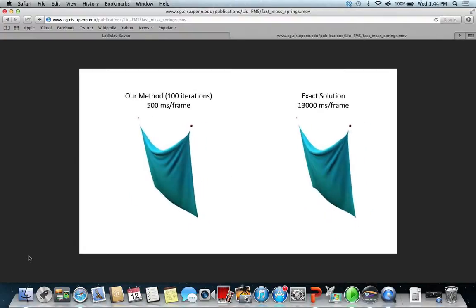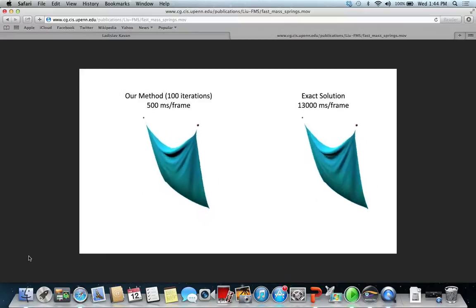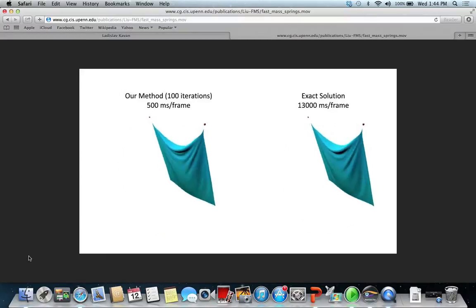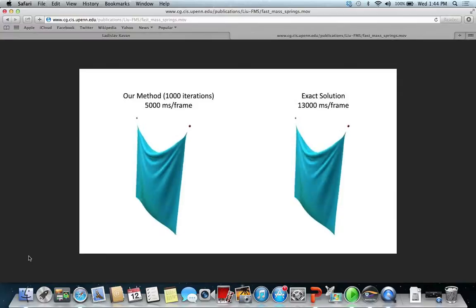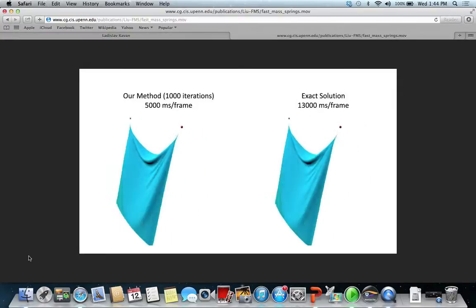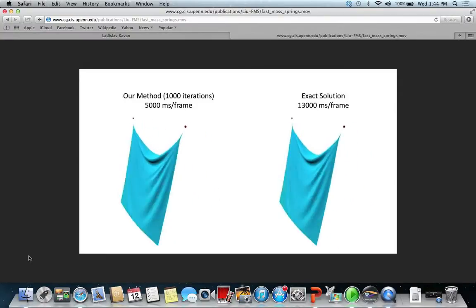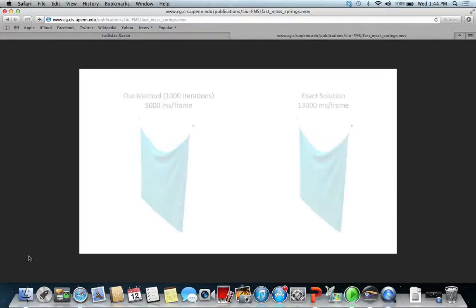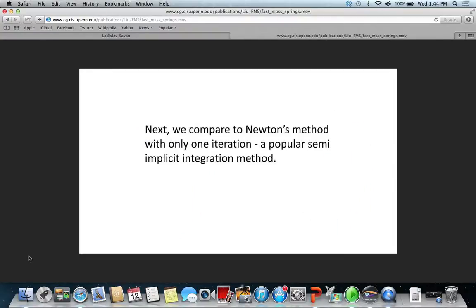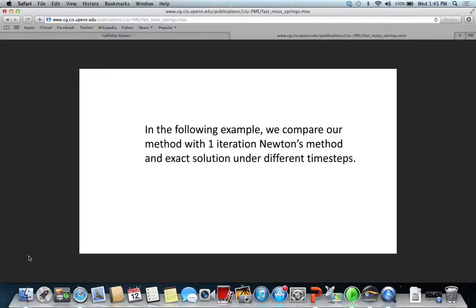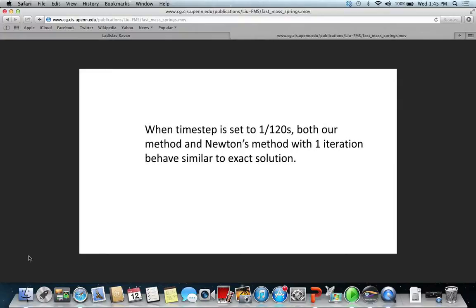Remember, that's what Tintin covered last time, that the implicit Euler step can be written either as a minimization problem or as solving a system of nonlinear equations. Either way, you need to employ Newton's method to find the solution. And of course, we compare to Newton's method. Newton's method with one iteration is equivalent to the famous Baraff-Witkin paper from 1998.